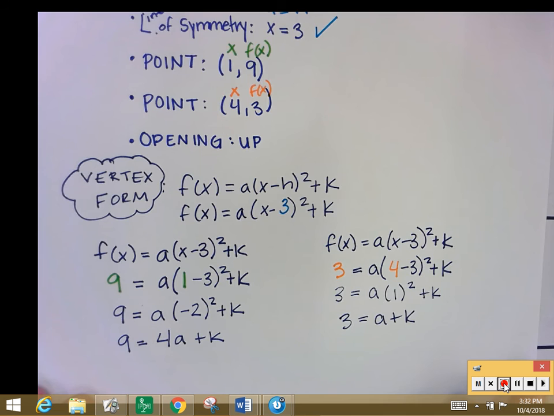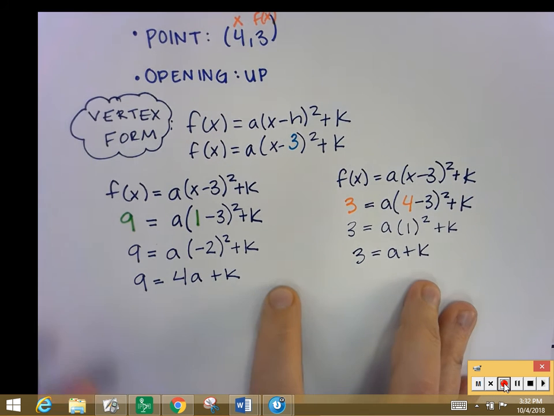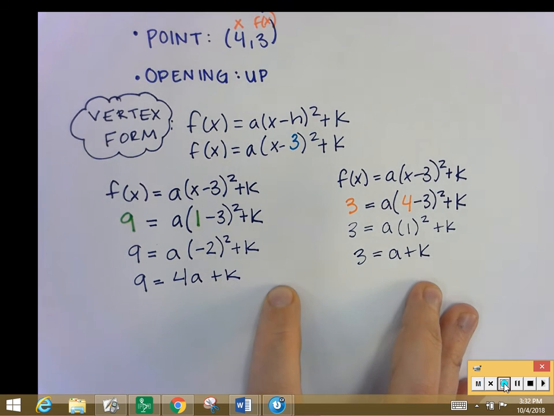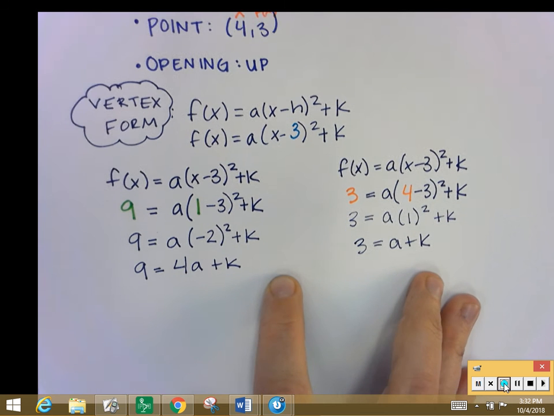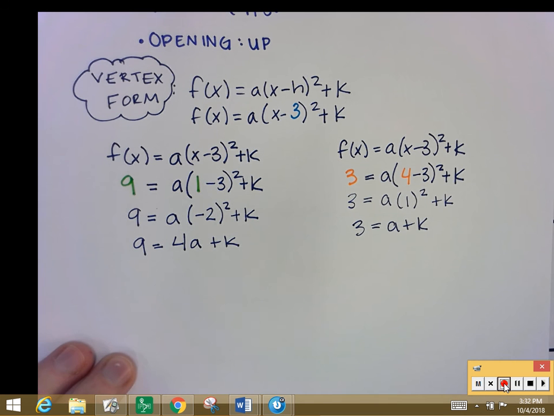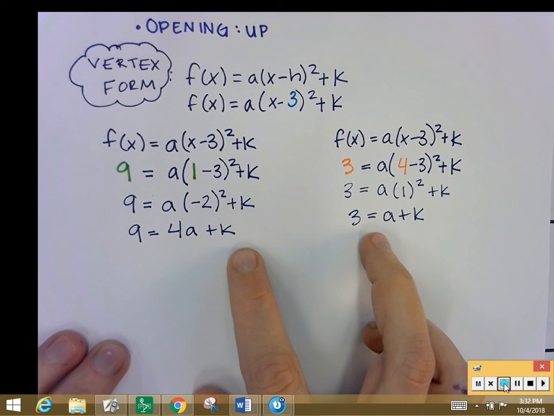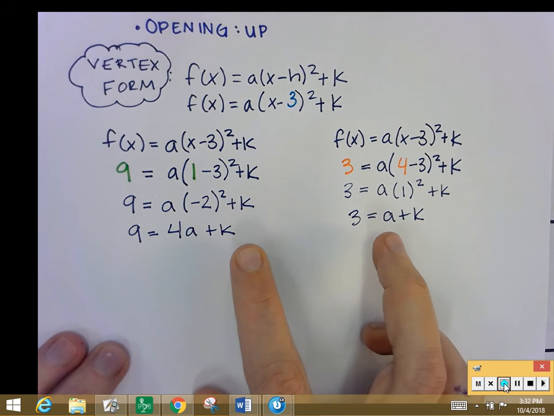So at this point we have a system of equations that you learn in Algebra 1, and there are quite a few ways to solve a system. You can do that by elimination or substitution, but what we've been working on lately is graphing, and we're going to graph those to find the point of intersection to solve this system. And we're going to use our graphing calculator to do that.